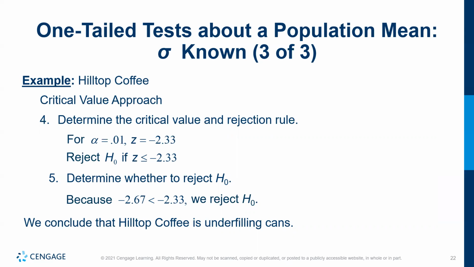Then we find our test statistic, and we find that our test statistic is further away from the mean than our critical value. So it's the same idea. One uses probability and says, if the thing you find from your sample has a lower probability than your alpha, then you're going to reject it.